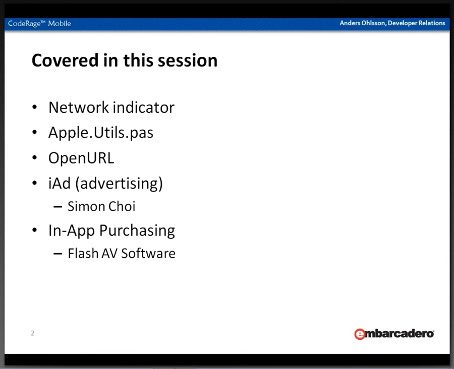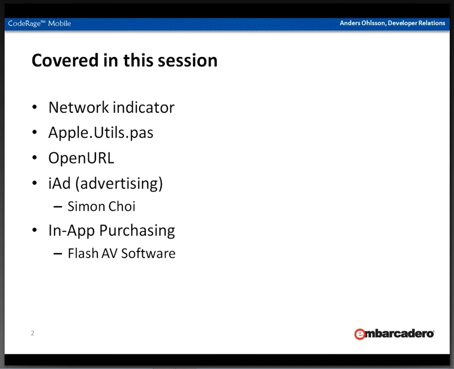So what we're going to see examples of in this session are as follows. Wrapping the network indicator, a very simple example. We'll take a look at apple.utils.pas, something that David Clegg provided for us. That's part of the samples. We'll see how to open a URL in Safari.